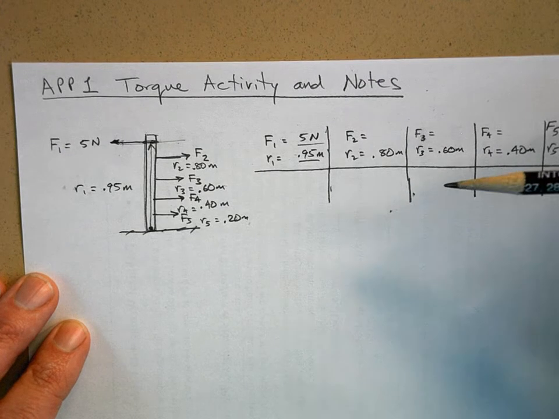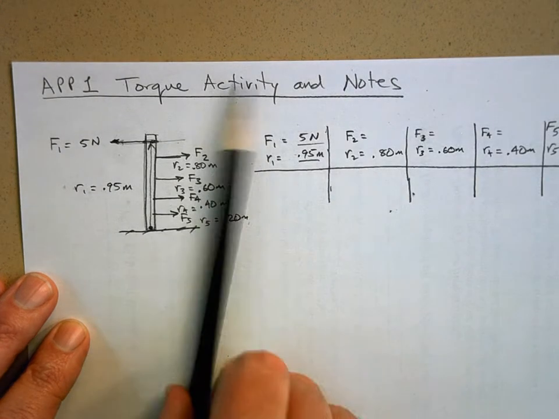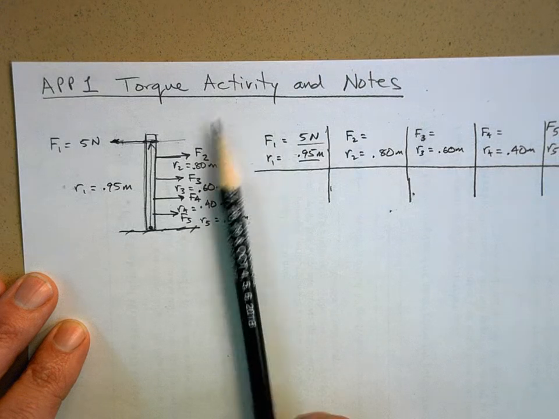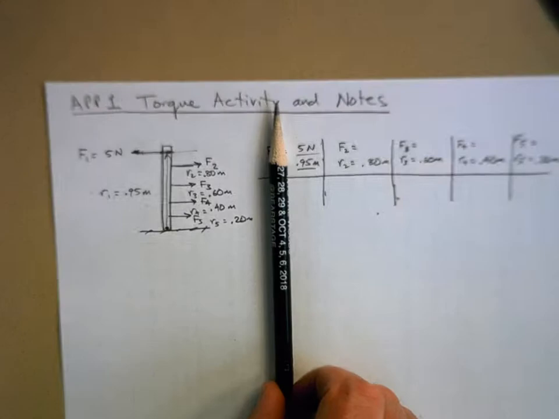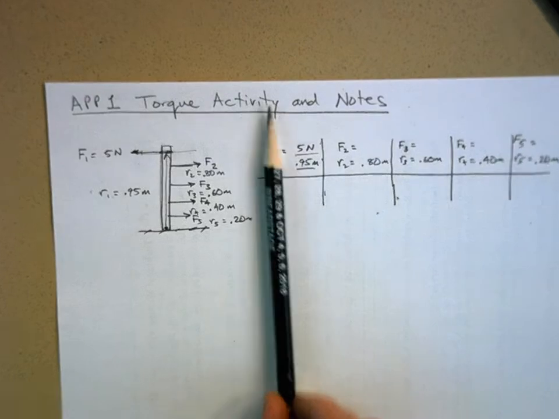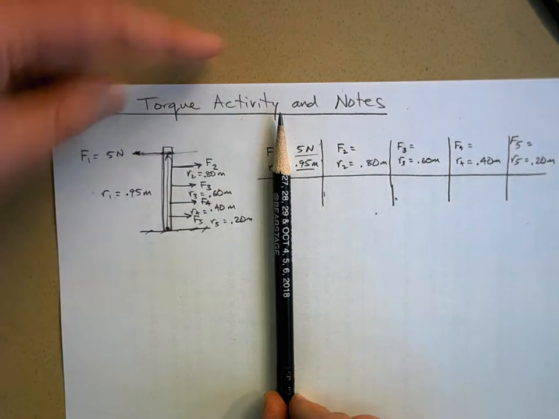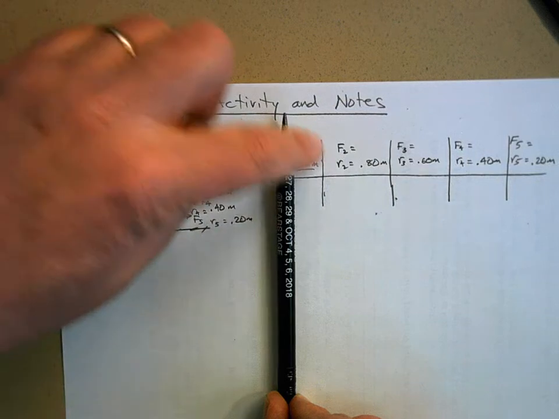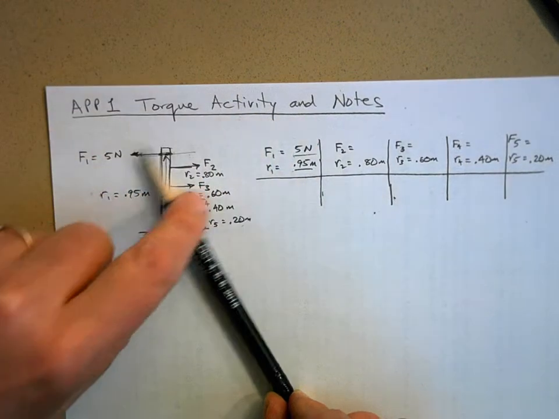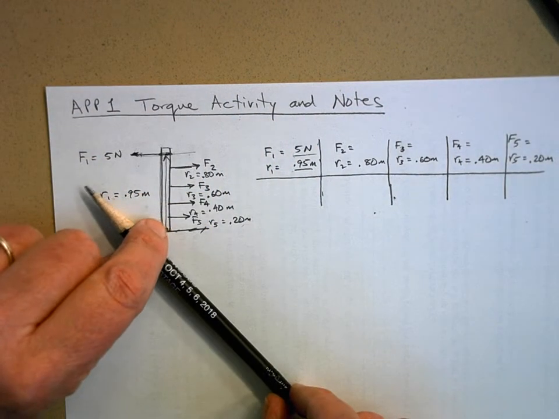Now if I let my pencil be the meter stick, if I hold it at the bottom, but then take a force and pull it to the left, of course it will want to rotate. And that's what torque is.